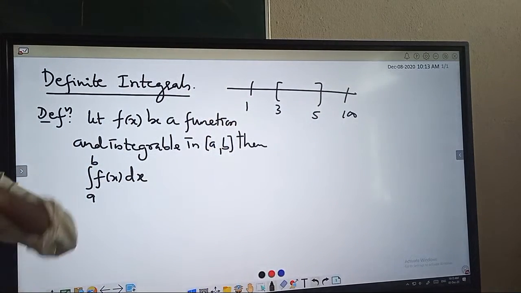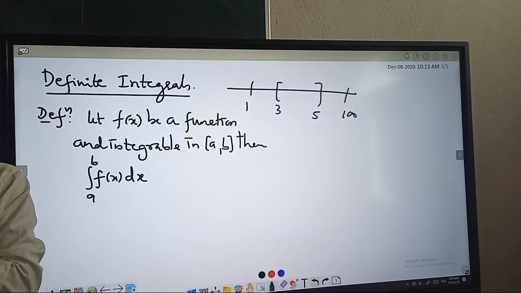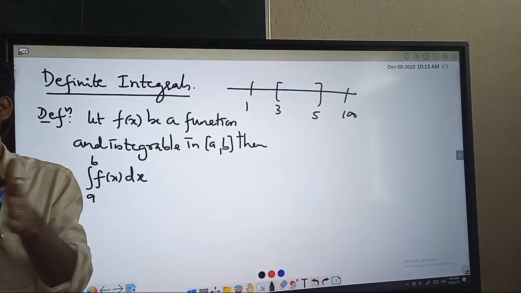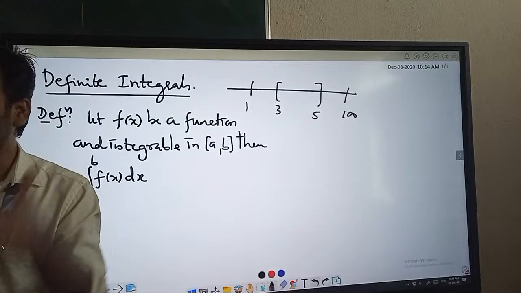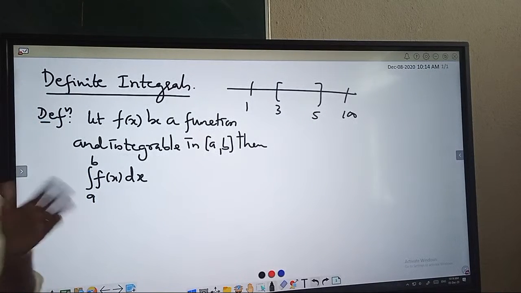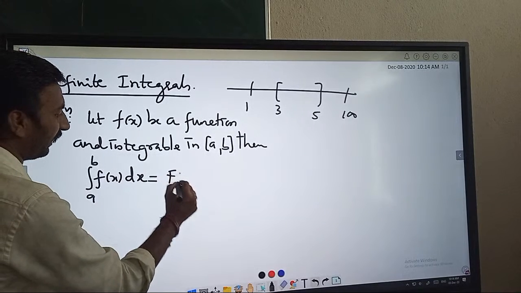Or if you take the complete set of all real numbers, minus infinity to plus infinity, you are talking about 1 to 2 or 2 to 3, one particular fixed area or fixed region you are marking here.